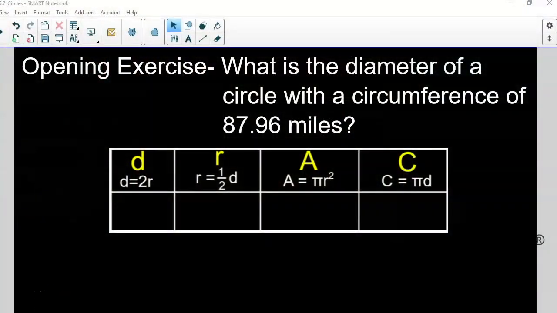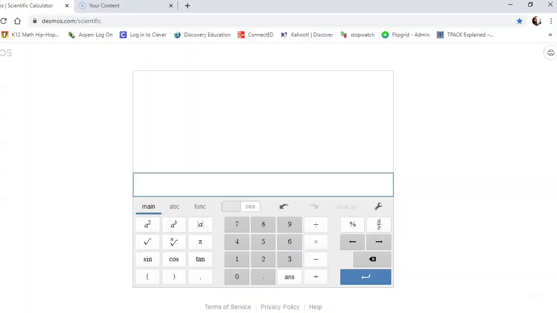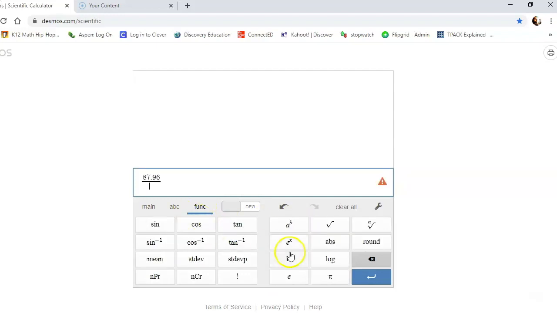All right, 87.96 divided by pi. And there we see we got 27.9985. It's definitely telling us to round up.